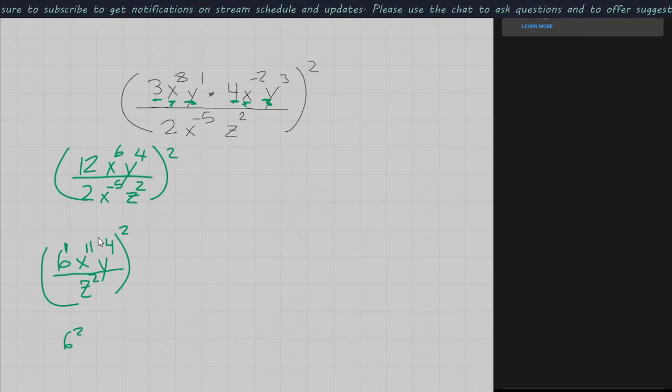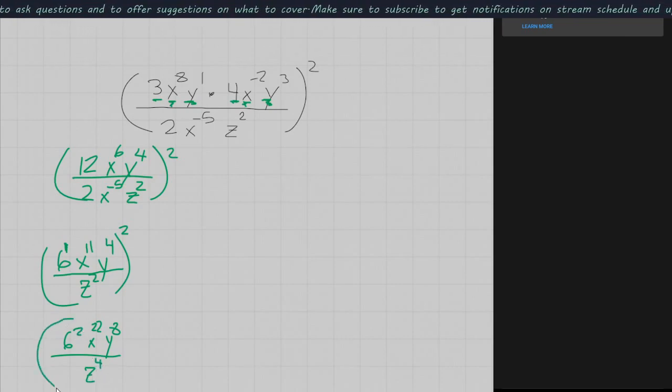X to the 11th squared, so that's going to be x to the 11th times 2, so that's x to the 22nd. Y to the 4th squared, so that's y to the 8th, because we're multiplying, and then z to the 2nd squared, and that's actually 1 over z squared, so that's going to be z to the 4th. So this would be your final answer.